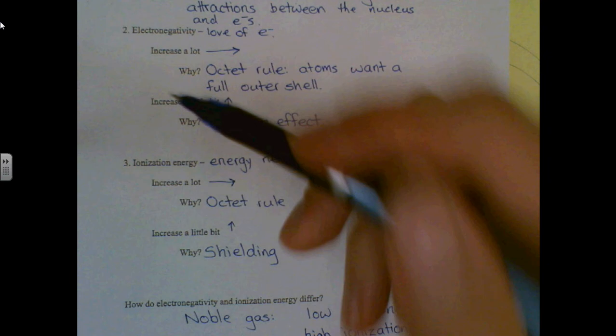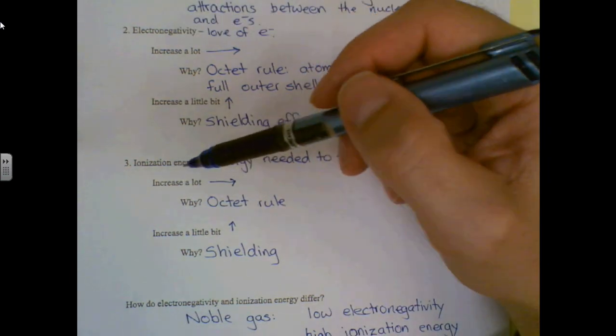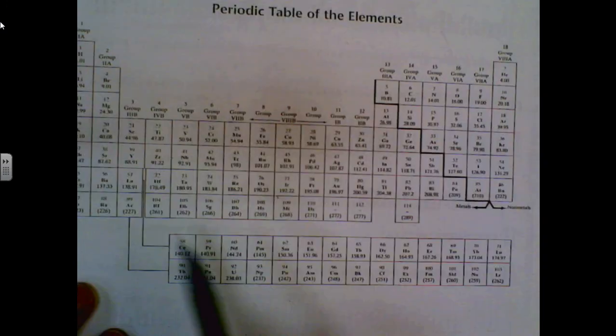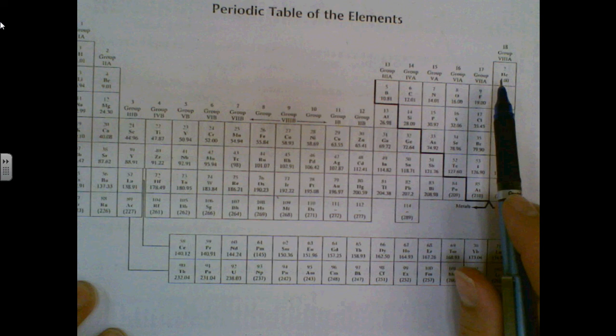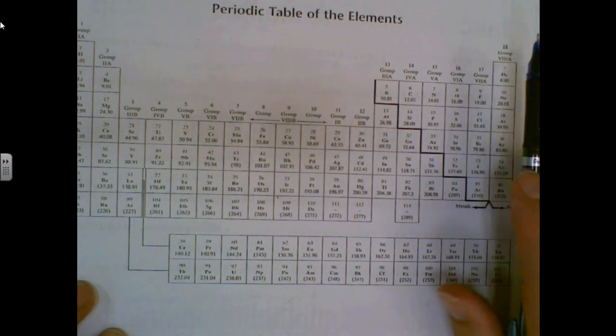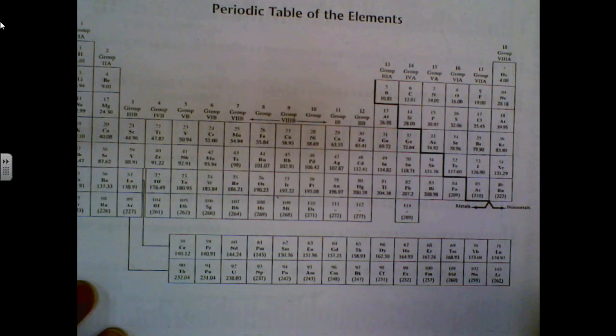So while the trends of electronegativity and ionization energy both increase as you move to the right and up the periodic table, they drastically differ when you get to the noble gases. Electronegativity drops to 0, and ionization energy remains very high.